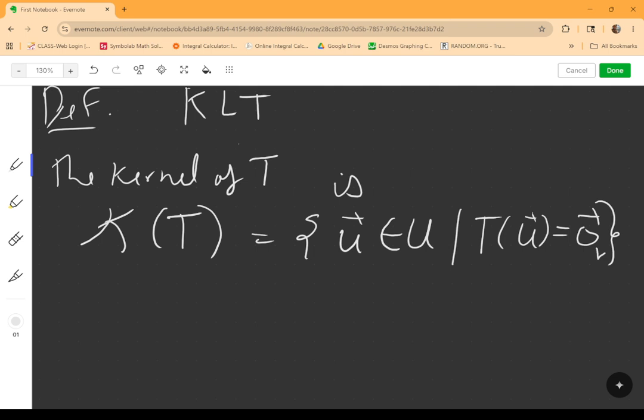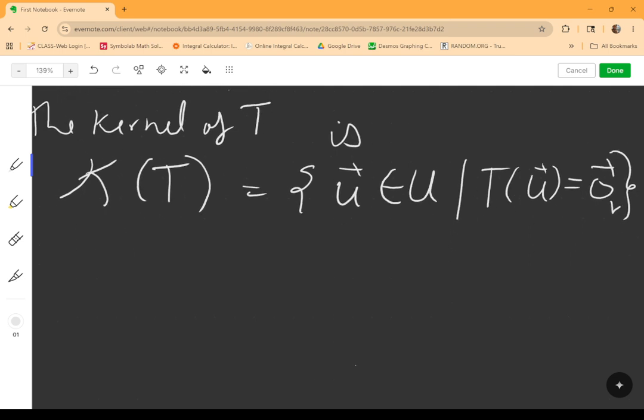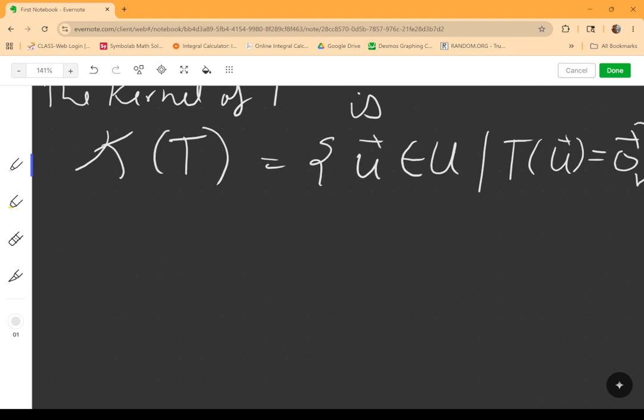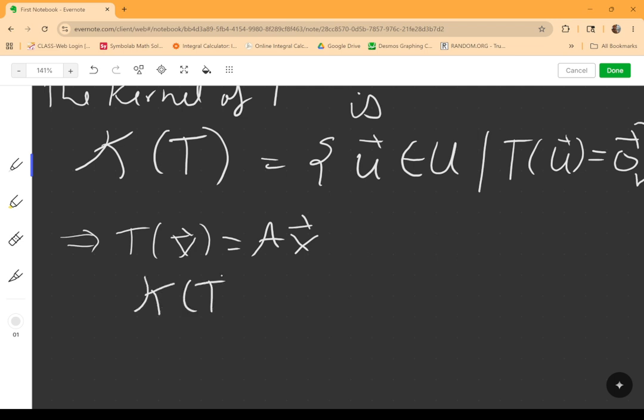Now, if I know the matrix of a linear transformation, it just boils down to really finding the null space. So we can classify the kernel of T to be equal to the null space of A. Really what you are after here is solving some kind of homogeneous linear system.